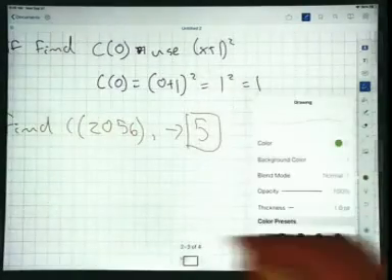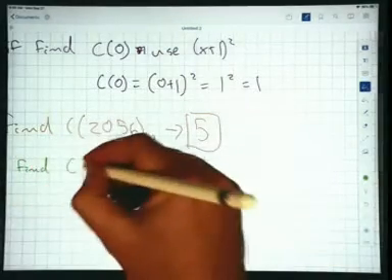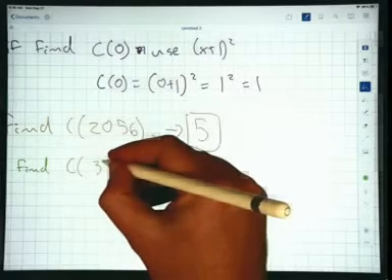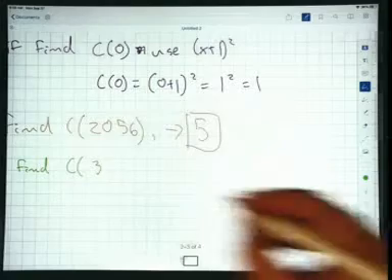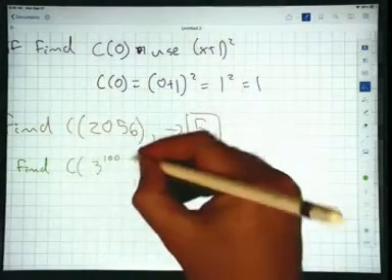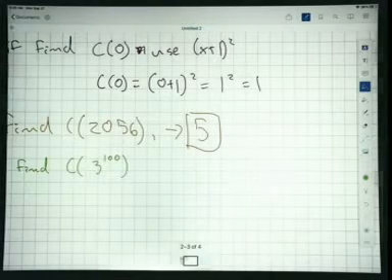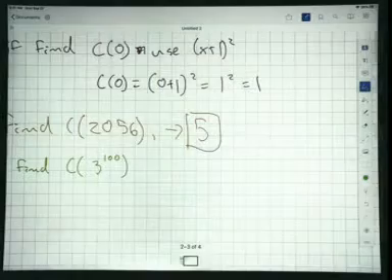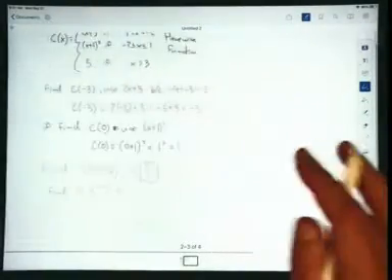So, just expanding this question, 3 to the 100. That's 3 times 3 times 3 times 3 times 3, 100 times. Now that's a big number, right?